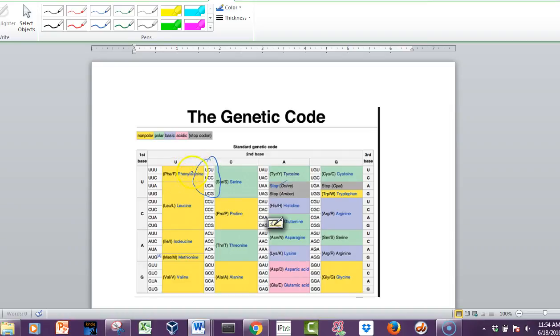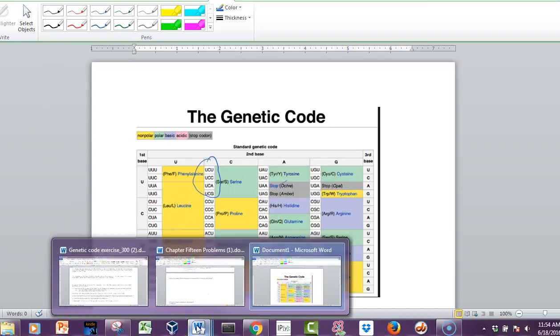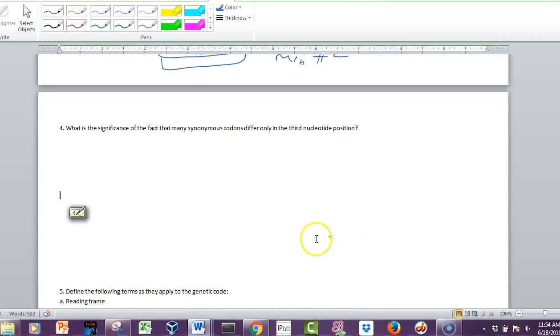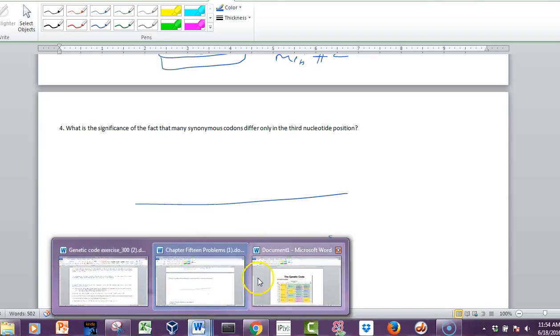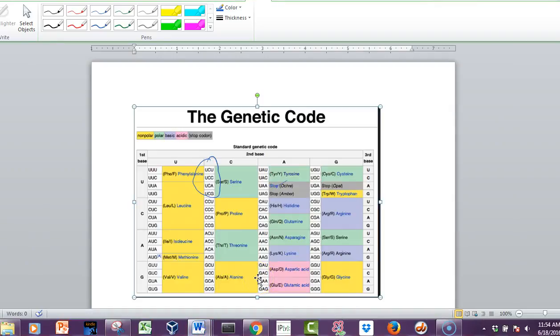So that's one significance of it, is that you can have different sequences in your RNA, and they'll all code for the same amino acid. So if you're looking at the messenger RNA, and you have a bunch of codons, and let me go back and see what serine was. Serine is UC something.